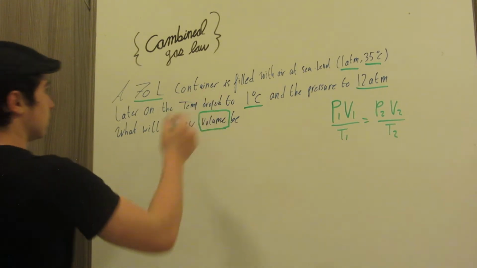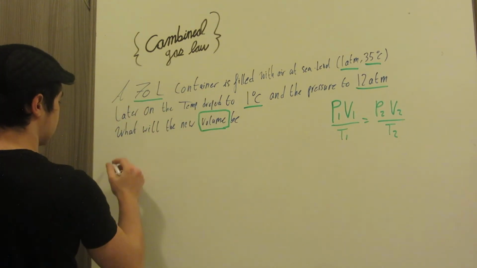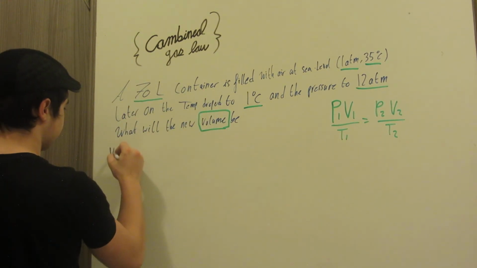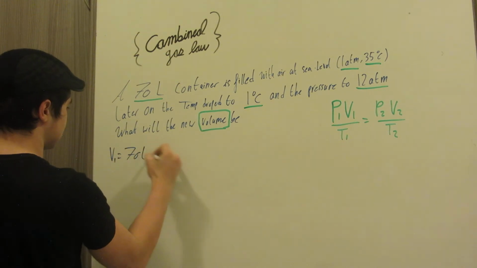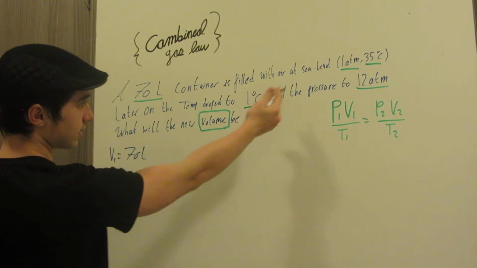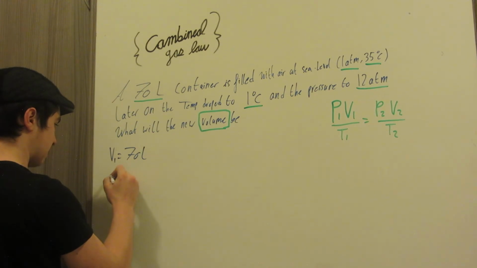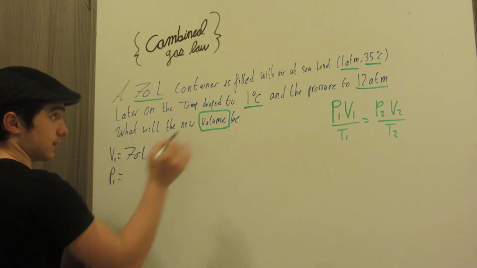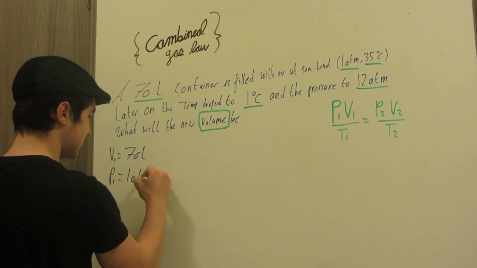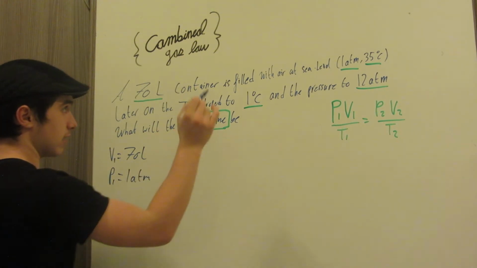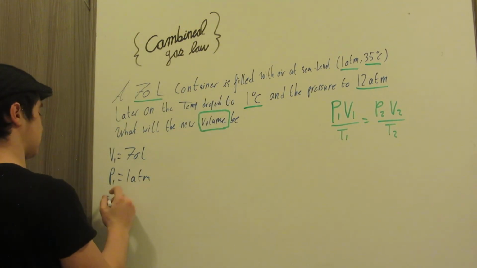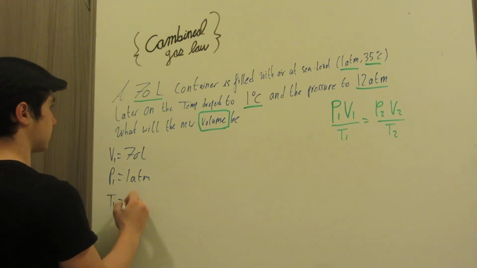So first things first, 70 liters is the volume, so that means we have V1 equals 70 liters. The container is filled with air at 1 atm, so we have the pressure: P1 is 1 atm, and we have 35 Celsius as the temperature.